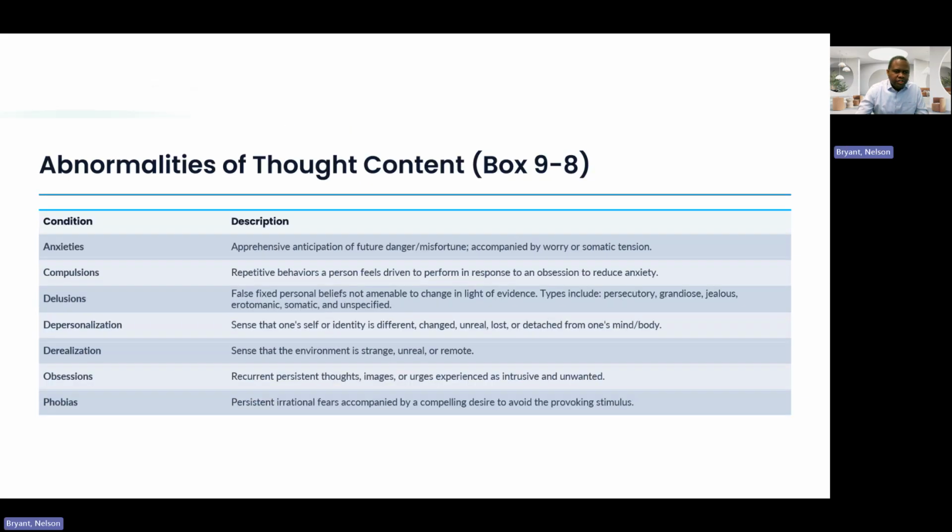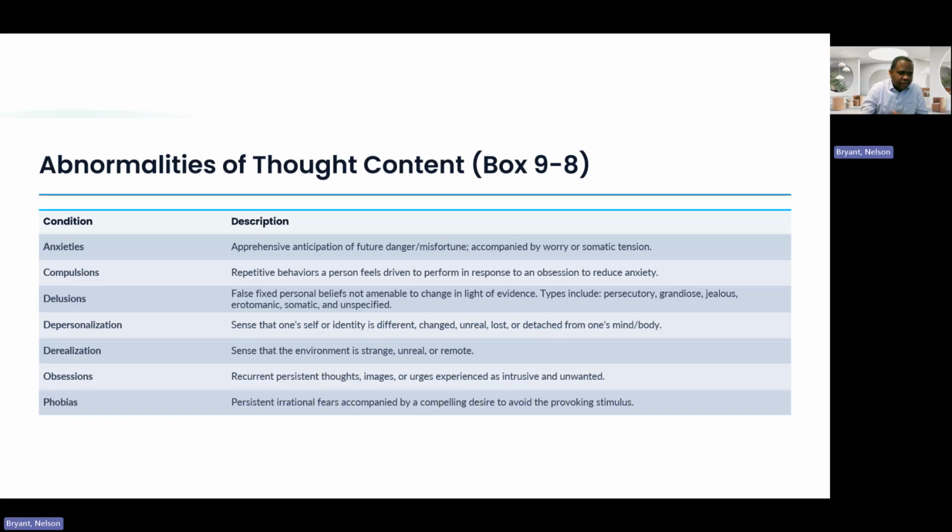So this is a continuity of those abnormalities of thought content. The other ones were for thought processes. And for thought contents, for example, these are driven by behaviors that are to reduce stress. For example, the most common was anxieties. We all feel anxious at times.